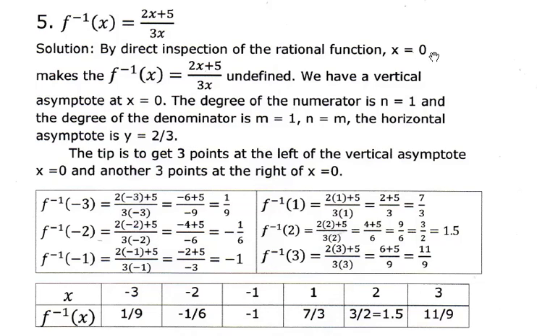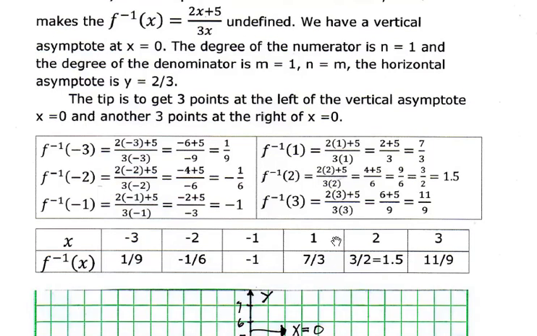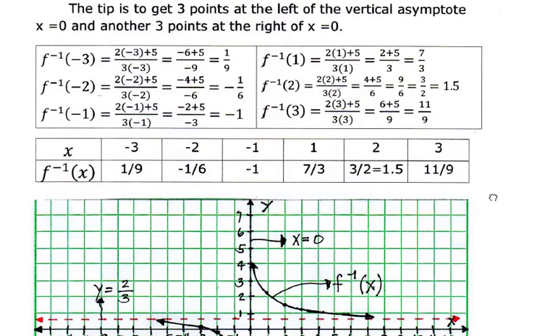Since we have a vertical asymptote at x equals 0, we get 3 values to the left of 0 and 3 values to the right of 0 to have the table of values. So substituting for x, we have -3, -2, -1, then 1, 2, 3. So we have to plug in the values.